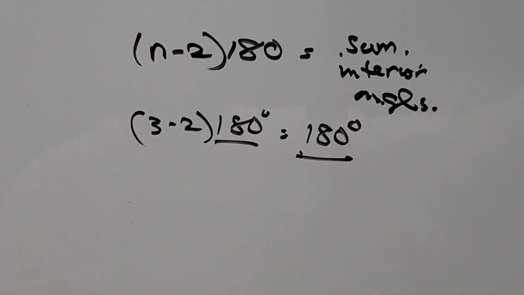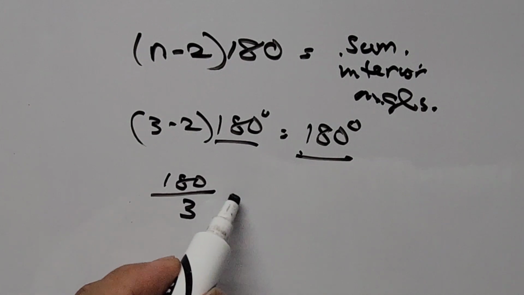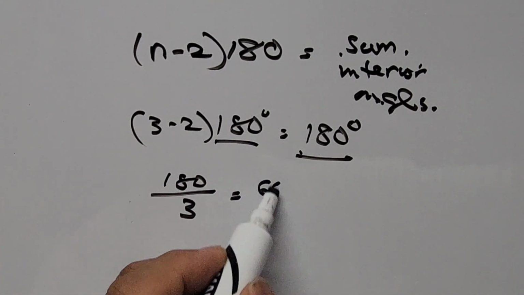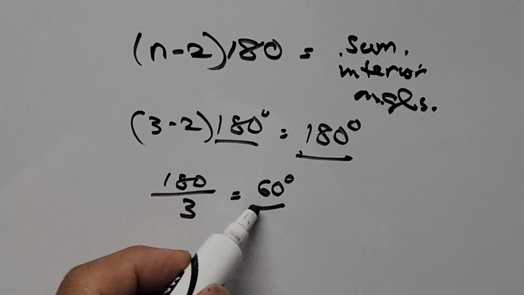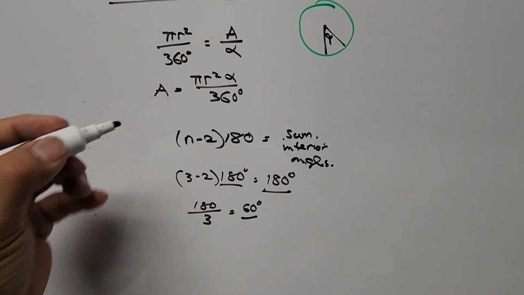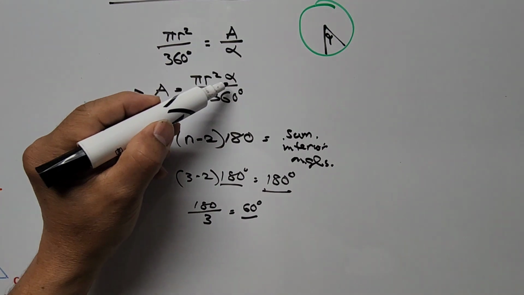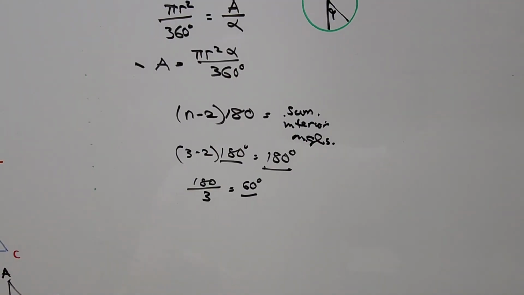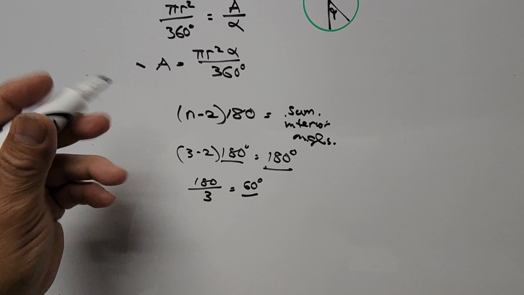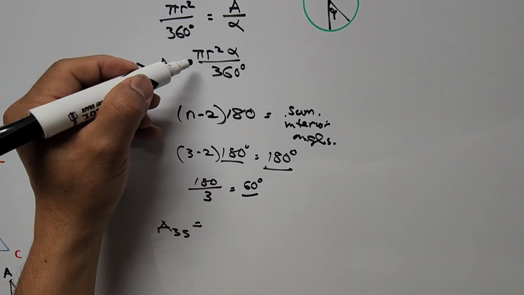So since that is an equilateral triangle, it has 3 equal interior angles. So we have 180 divided by 3 angles. That comes up to 60 degrees. It's all equal angles. And so back to our formula of area of the sector. So substitute the angle 60 degrees to our alpha. Since we have 3 sectors, that means we multiply the area by 3, right? So we have now the area of the 3 sectors, 3s, is equal to 3 times this.